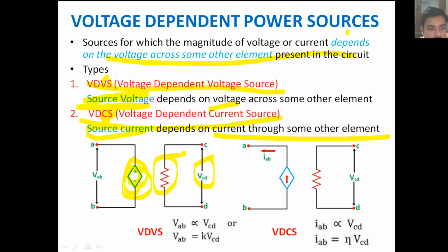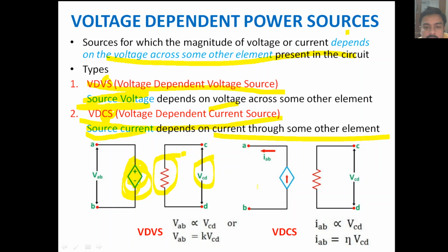Now you can see that I have chosen the square diagram to represent this type of source. This is a convention, and that is why I earlier mentioned that to represent independent power sources we choose a circular diagram, while if we choose a rhombus shaped power source, it becomes dependent.